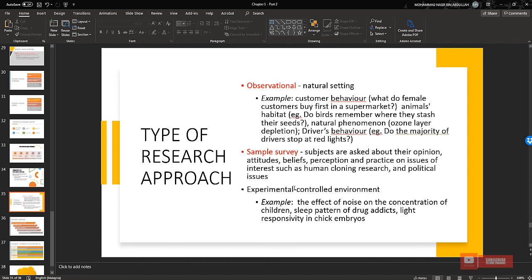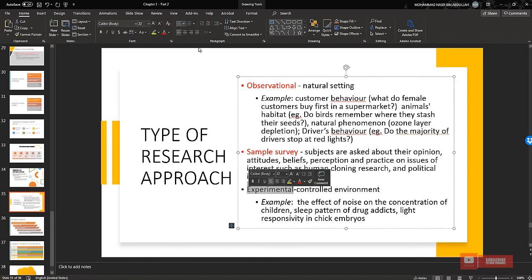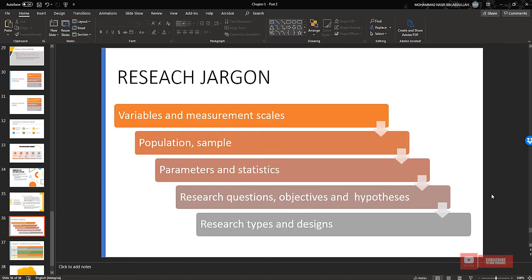For the experimental approach, there is a controlled environment. For example, the effect of noise on concentration of children, sleep pattern of drug addicts, light responsivity in chick embryos.